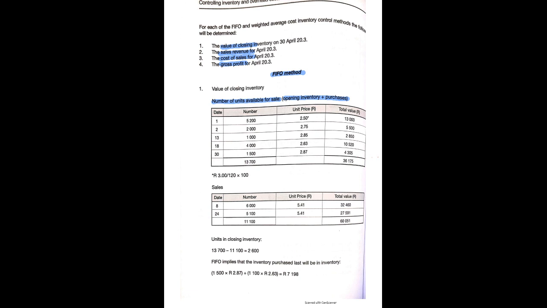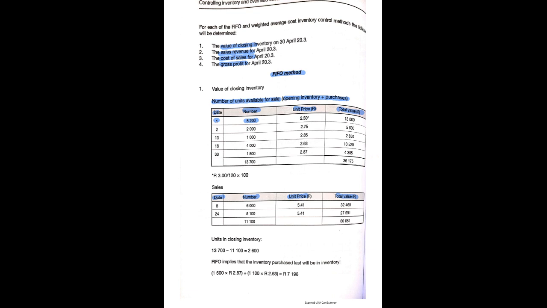Actually, sorry, before I show you that, let's look at the headings here. It's the date, the number of units, the price of each unit, and then the total value. These are the same headings you'll have in the second table as well: date, number of units, price, and total value. Back to the first table, you're only recording here any opening inventory and then any purchases that were made.